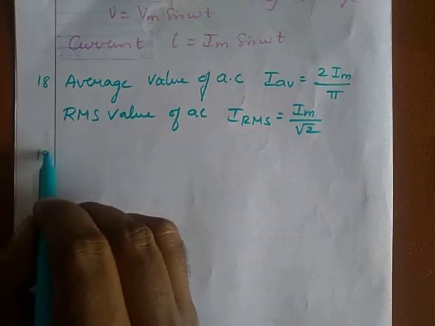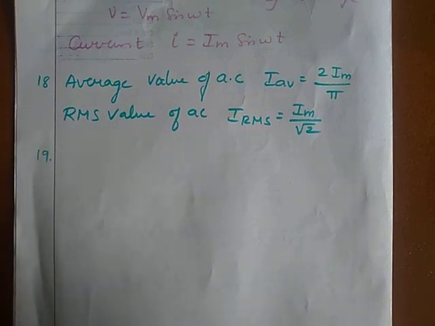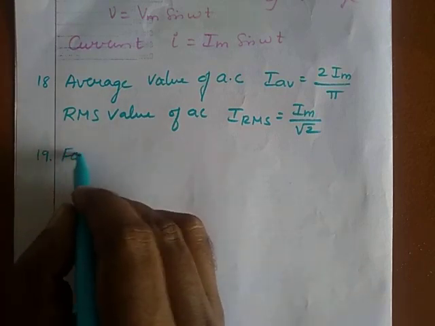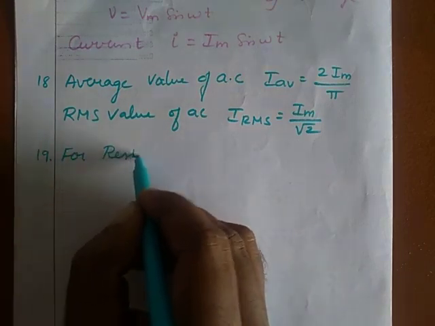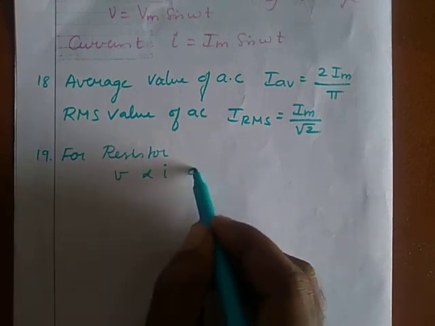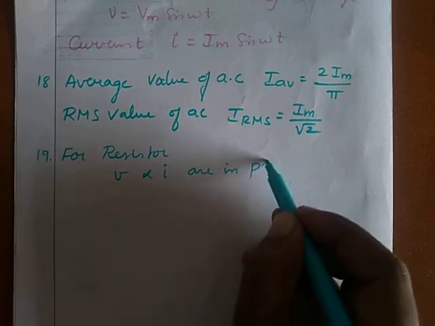Then let us go to the next section, that is the phase angle between current and voltage in resistor, inductor and capacitor circuits. For a resistor, voltage and current are in phase.